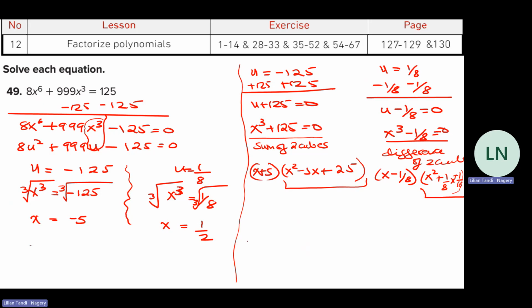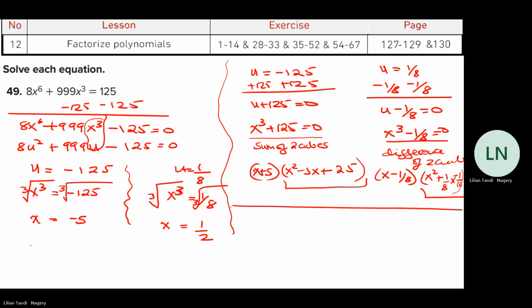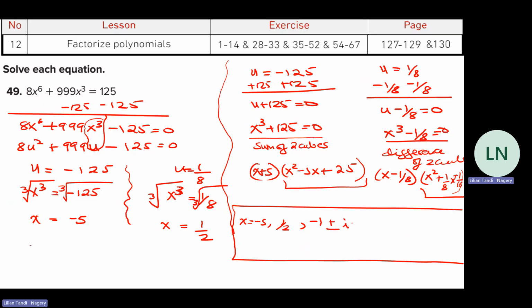So now we need 6 roots. Okay, my first root x is -5, then x is a half, then you should have -1 plus or minus i root 3 over 2, and you should have 5 plus or minus 5 root 3 over 2.